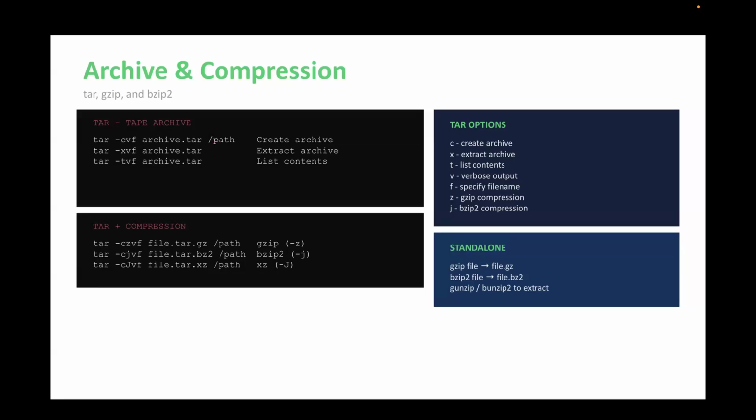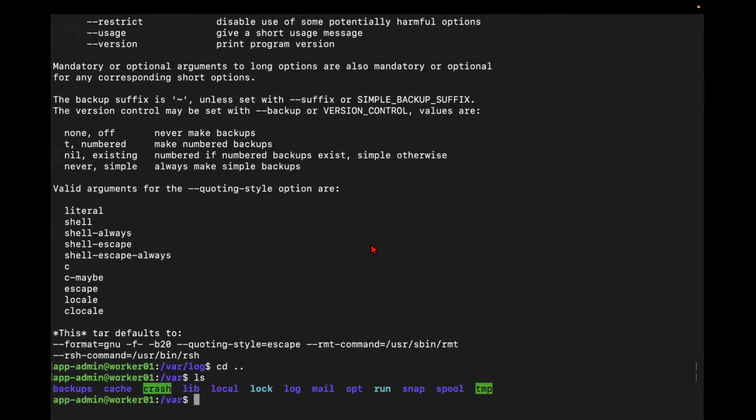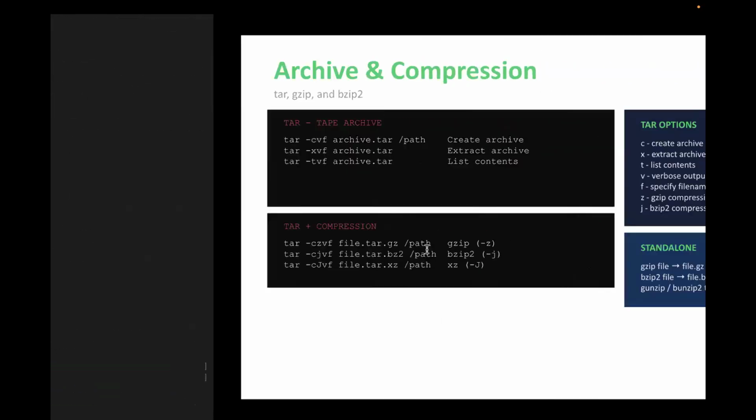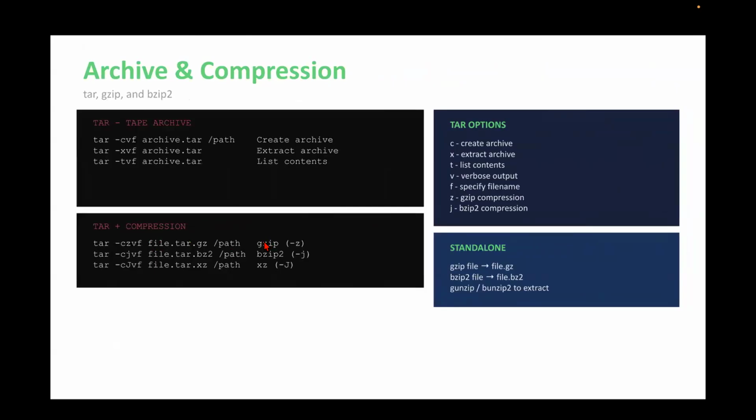All right, let's try it with one of my examples here. In the case where I want to use gzip, the blueprint is basically the same when you're trying to create an archive, which is CVF. But when you use it with a compression tool, adding a Z shows that you're using the gzip compression tool.